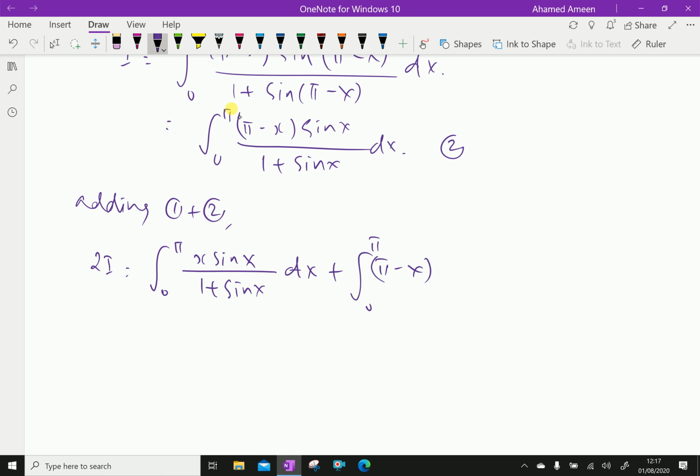Here x sin x, and minus x sin x plus pi sin x, the minus x sin x will cancel, so we expand and show 0 to pi x sin x plus pi sin x minus x sin x over 1 plus sin x dx. Here x sin x cancels, so 2I equal, we have 0 to pi pi sin x over 1 plus sin x dx.